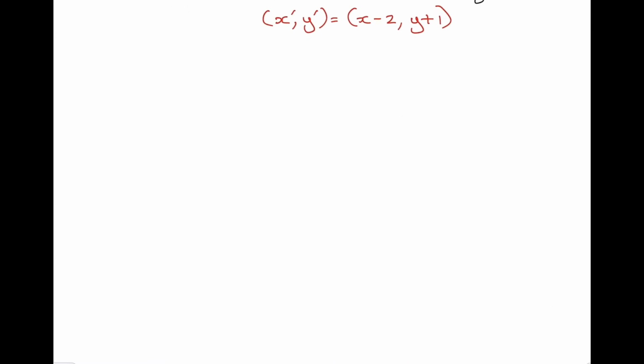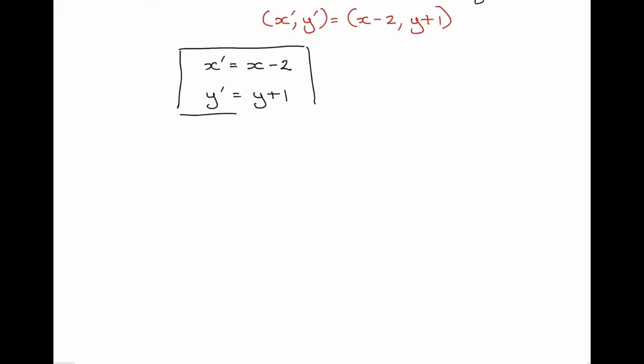Or we could split this into 2 rules. x' is equal to x minus 2 and y' is equal to y plus 1. That is, we're saying that the image x's are equal to the original x's minus 2 and the image y's are equal to the original y's plus 1.